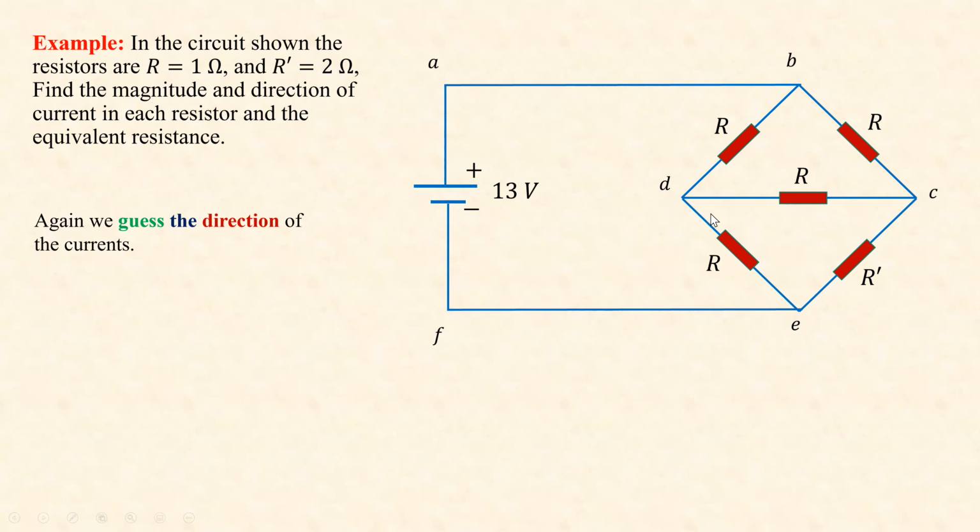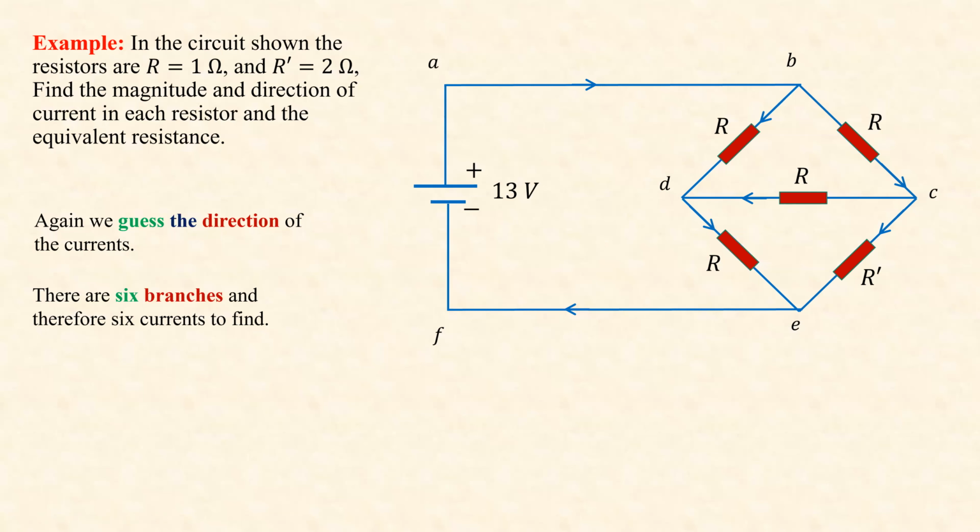And then there is current going this way, and then coming back this way. So these are the directions that we can guess. It may not be correct, but let's see. It doesn't matter if you are wrong. So these are the propositions for the direction of the currents, okay?